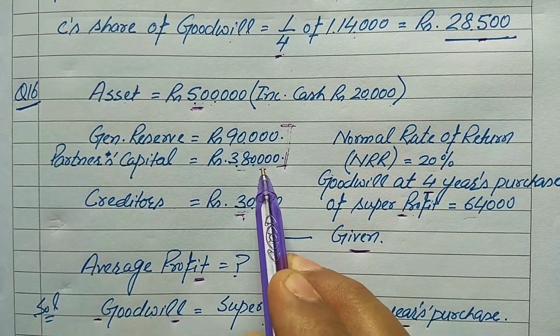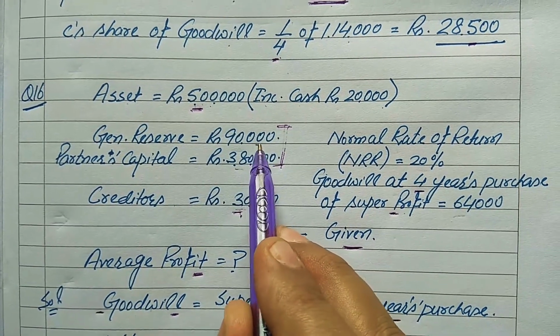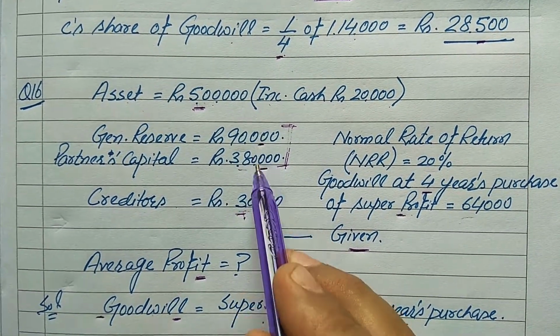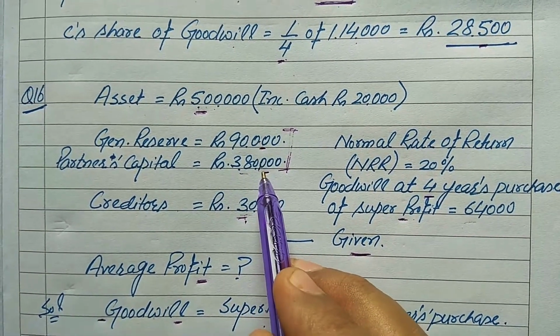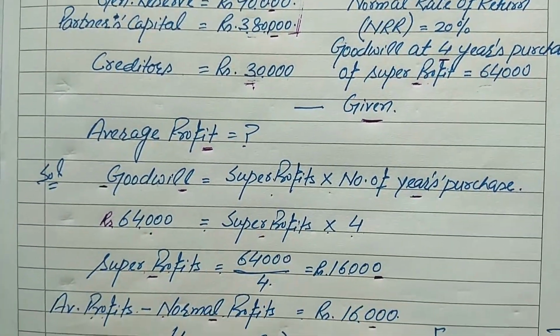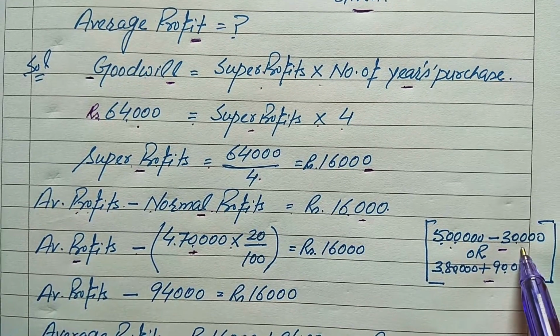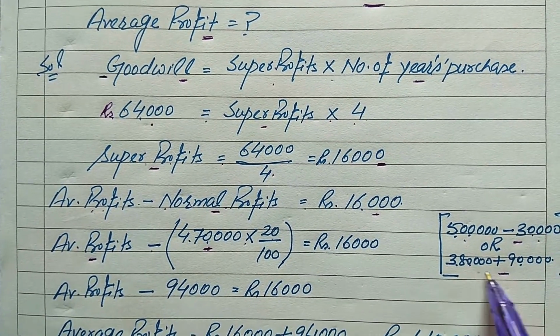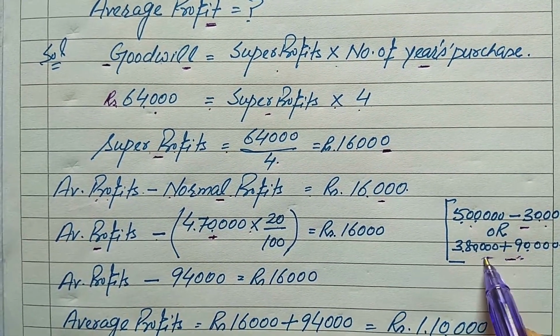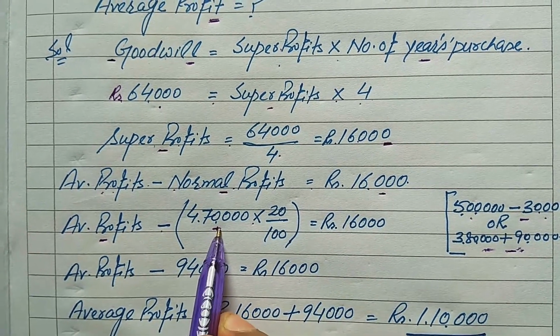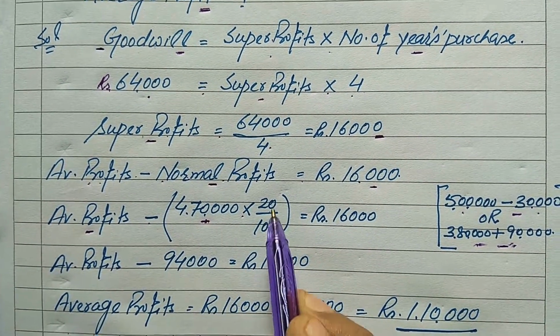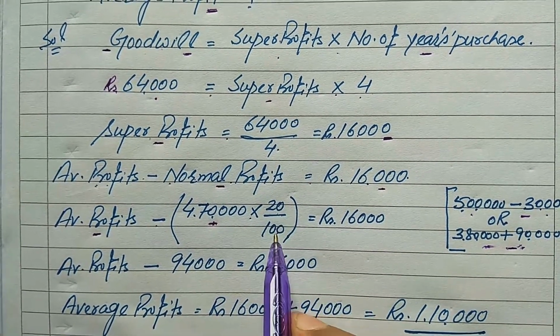The capital is 3,80,000 plus reserve and surplus 90,000, again 4,70,000. So if you calculate capital invested in either way, total valuable assets minus external liabilities, or capital plus reserve, the value of capital invested is 4,70,000, multiplied by normal rate of return, which is 20%.